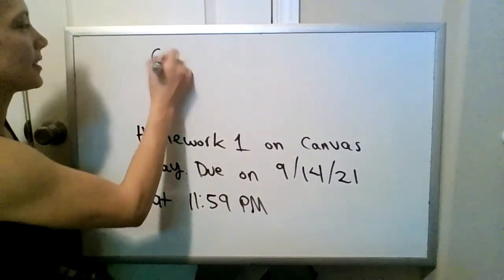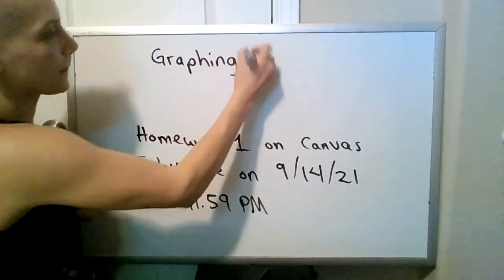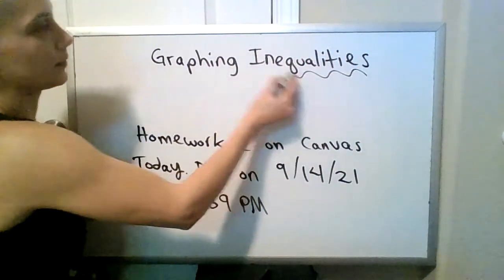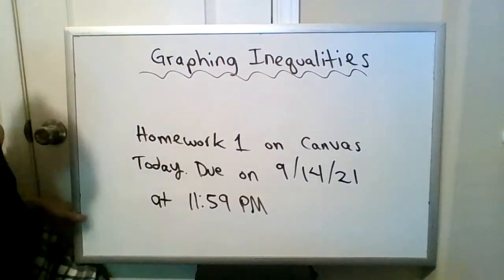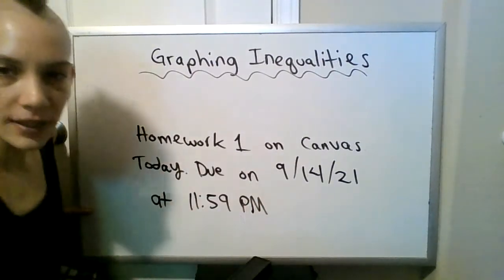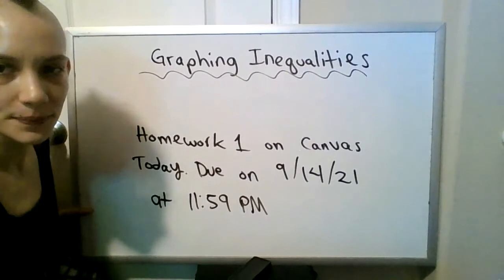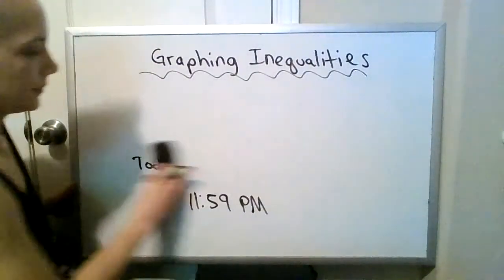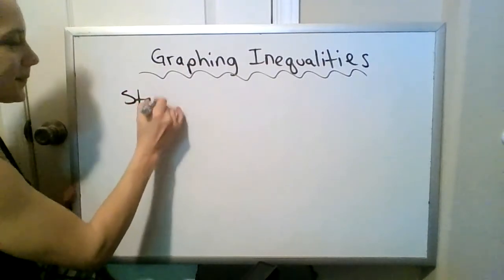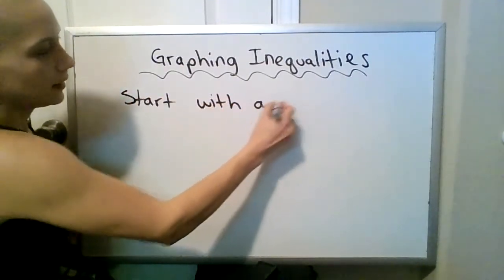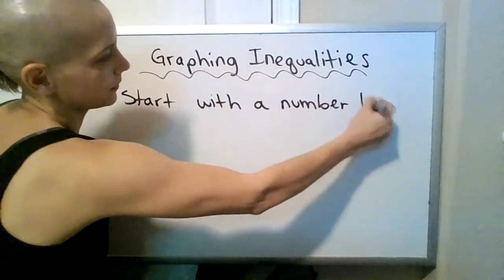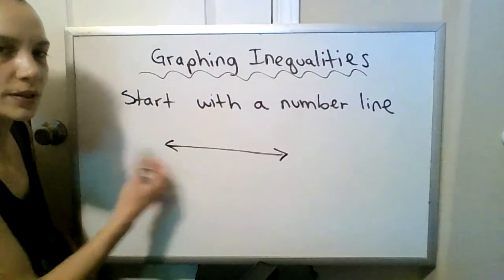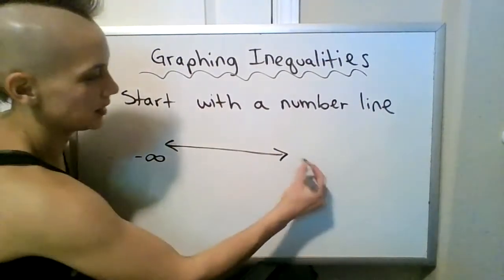Graphing inequalities. We will start with a number line. So going smaller and smaller towards negative infinity this way, towards positive this way.